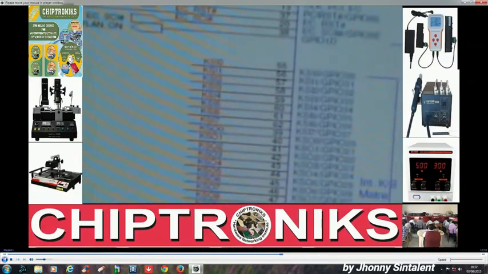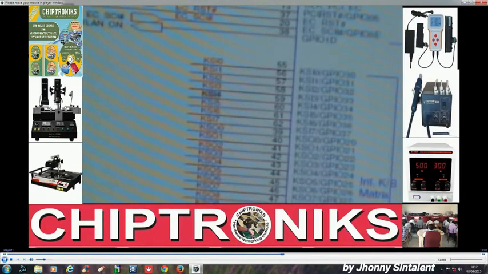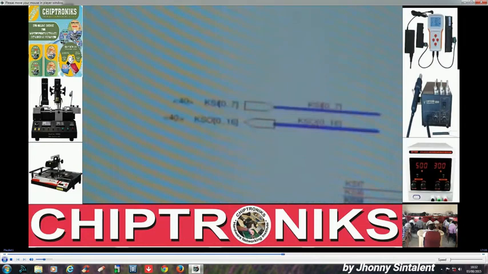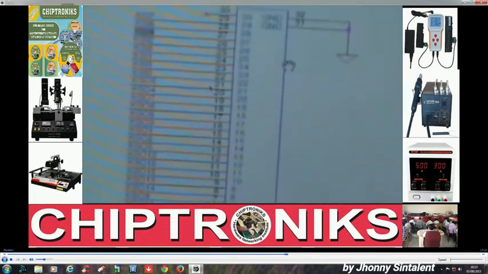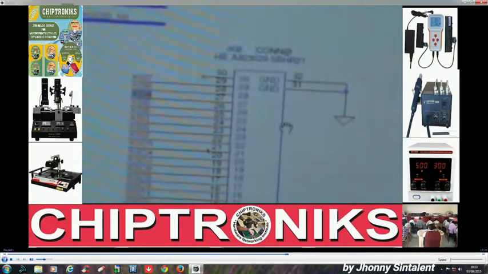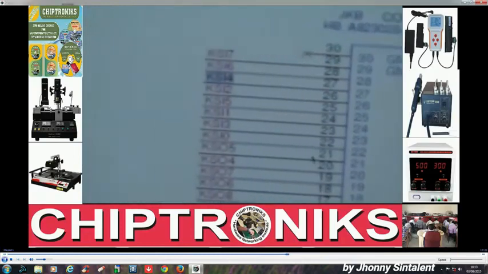KSI4. Let us search KSI4. This KSI4 is connected to pin 27 of the keyboard connector. As we already saw, I'll turn the motherboard, and you can see this is our keyboard connector.